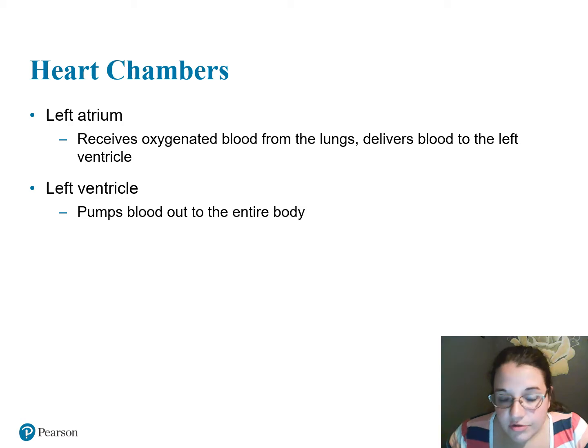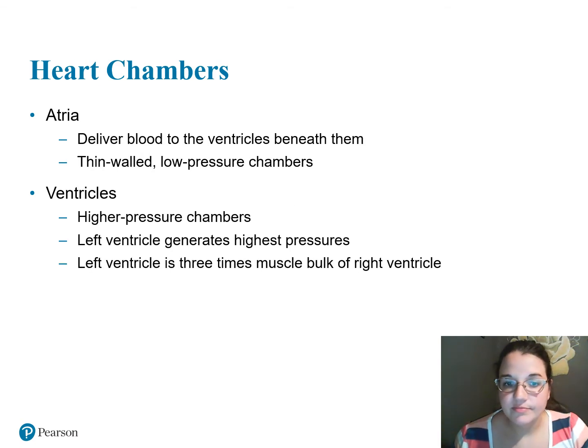But the ventricles are not going to go down into another system. They need to go out of the heart by going up, which means your ventricles are going to have higher pressure than your atrium. And they're also going to have a thicker wall because they need a thicker muscle to get all that blood pumped out of the heart. Okay, so atria delivers blood to your ventricles beneath them with gravity.